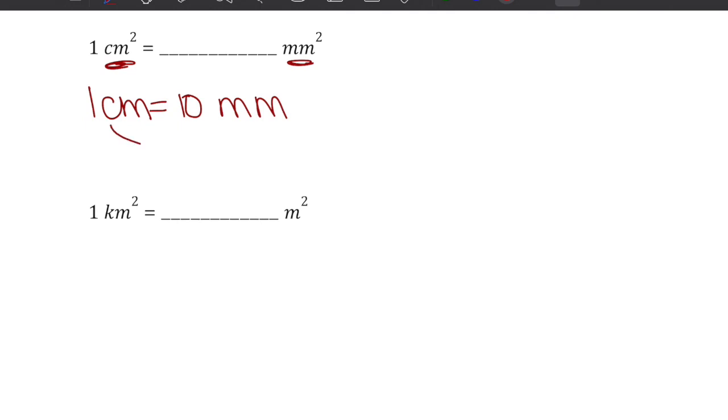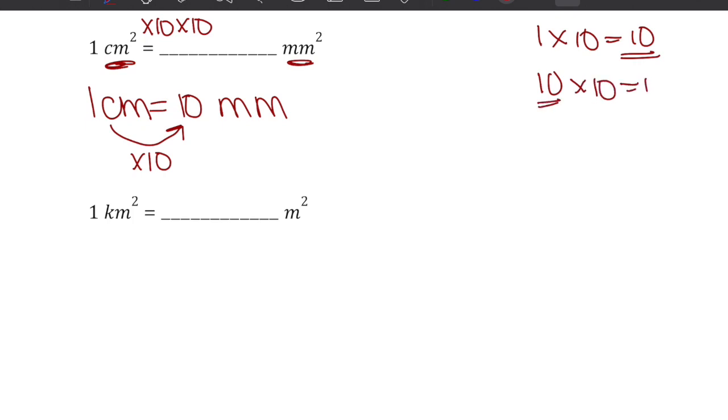So how do I get from this point to this point? How does 1 become 10? We multiply by 10. So when I look at the area conversion, I'm also going to multiply by 10, but I'm going to do it twice. So 1 times 10 is 10. Then I take that answer and I multiply it by 10 again, and I get 100. So 1 centimeter squared is equal to 100 millimeters squared.